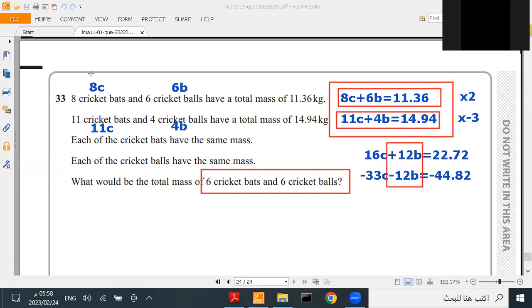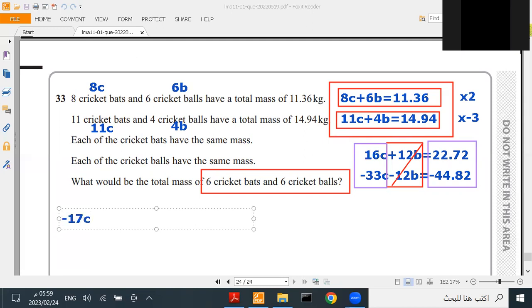Because I have the same value with different signs, I can eliminate them like this. They equal zero together. Now I'm going to work on the ones that I have. I'll add this and this together. First, 16C minus 33C. What will it be? 16 minus 33 is minus 17. This is the first step.